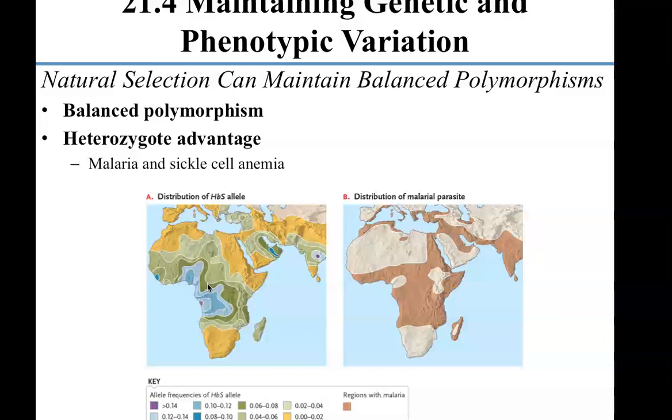So natural selection, in this case, the pressures from the malarial parasite, help maintain a high frequency of heterozygotes, and when they have offspring, they're going to create homozygotes and heterozygote offspring, but natural selection is going to select for the heterozygote offspring because they have an advantage.